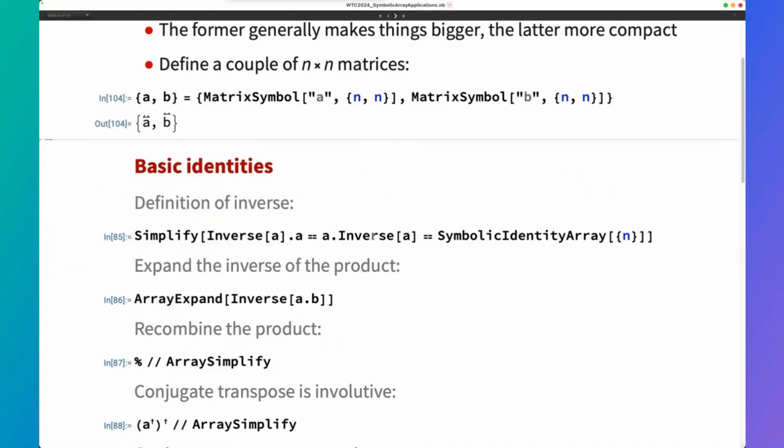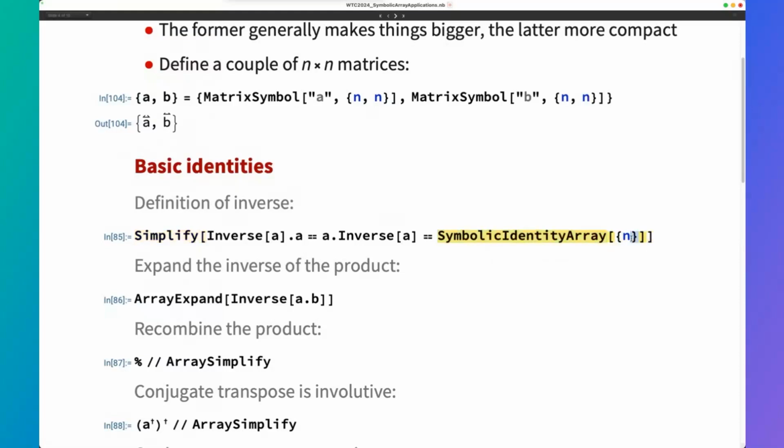And we start off with doing some basic identities. So the definition of an inverse: A dot A inverse is equal to A inverse dot A, which is an identity matrix. So this is SymbolicIdentityArray. It takes a list of dimensions and then gives an array with twice that rank, which is the identity operator in each of those dimensions.